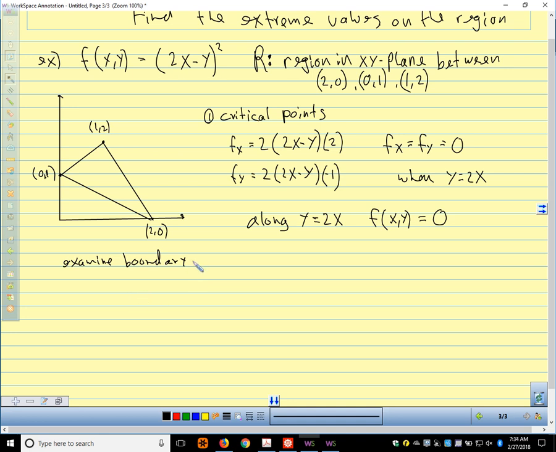So I'm going to do (0,1) and (2,0) first. Between (0,1) and (2,0), we can find the equation of that line. y equals negative 1/2 x plus 1. That's the equation of that line. I can now substitute that into f(x,y) to get just a function of x.